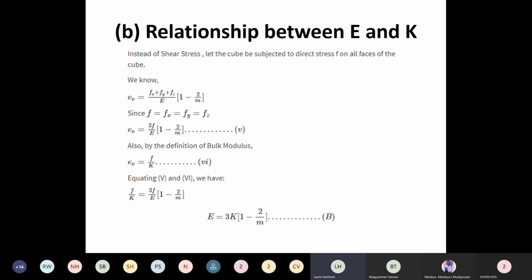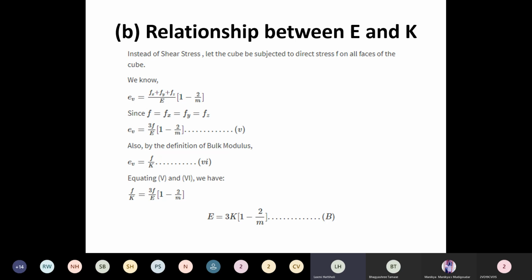So next, relationship between Young's modulus and bulk modulus K. See, basically we know what volumetric strain is. Volumetric strain is nothing but the sum of strains in X, Y and Z direction. Strain is nothing but stress divided by Young's modulus.